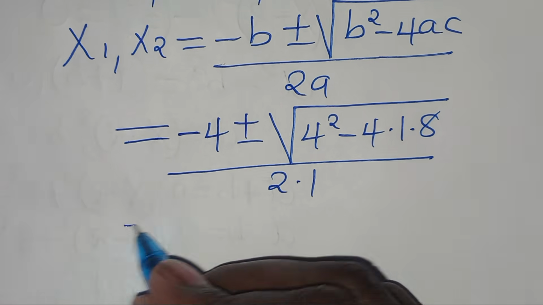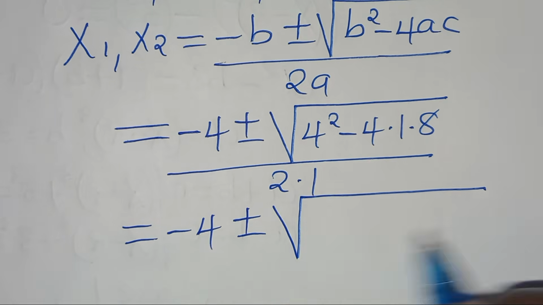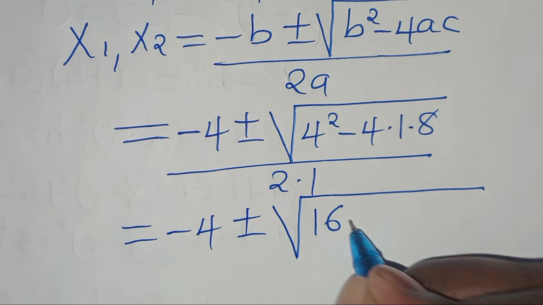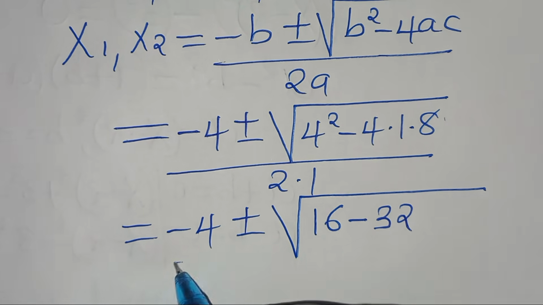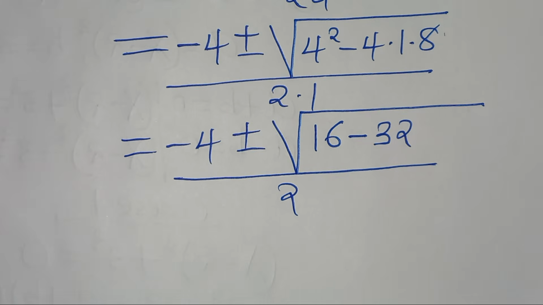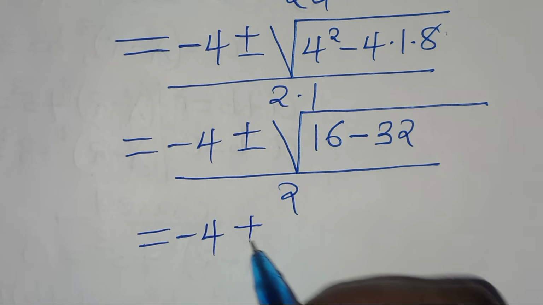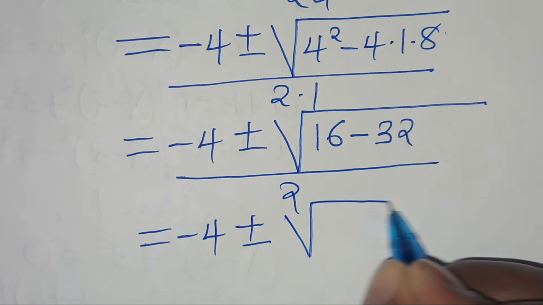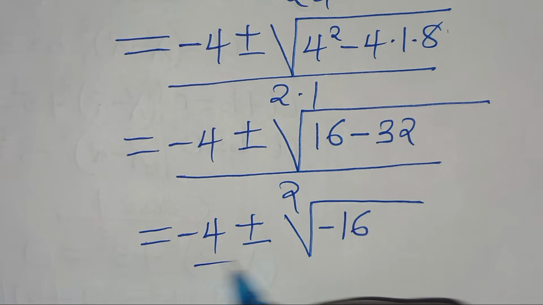Now we have minus 4 plus or minus the square root of 16 minus 32, which is minus 16, divided by 2.